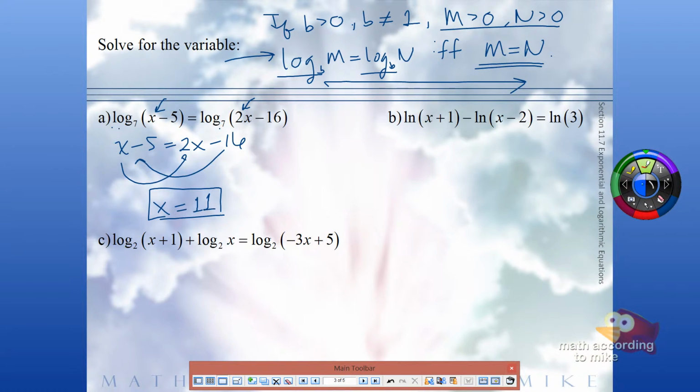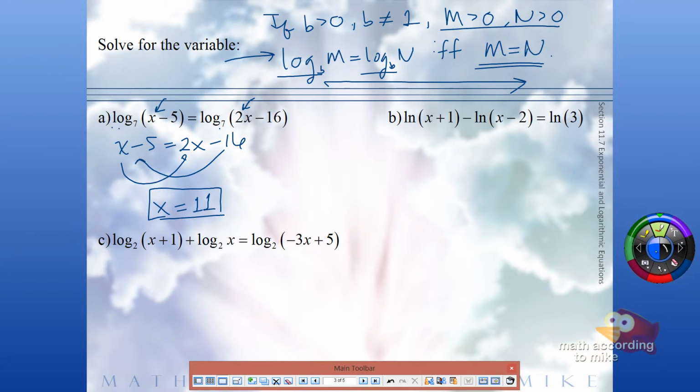So in part B, notice we don't have log equals log, because how many logs are there on the left-hand side? There's 2. So we need to get it into one logarithm. Notice we are subtracting logs there. If we're subtracting logs, how do we write it as one log? What rule do we use? We use the quotient rule. So the left-hand side is the natural log of x plus 1 over x minus 2.